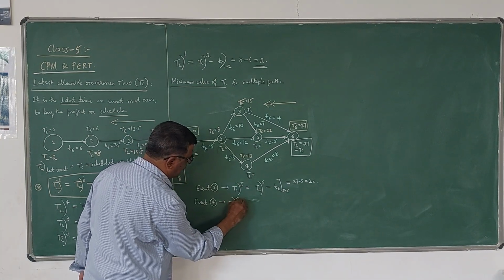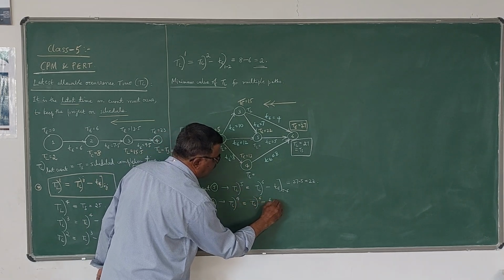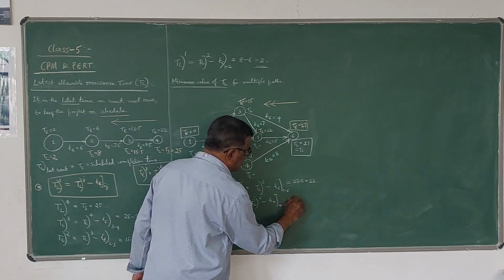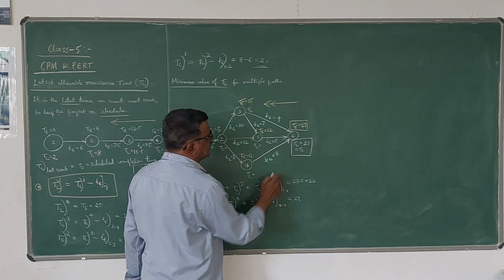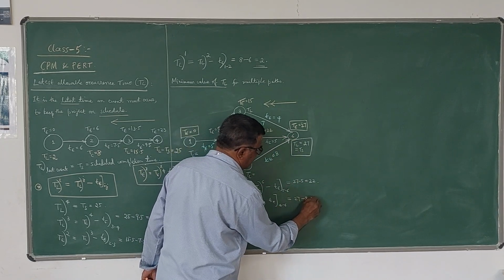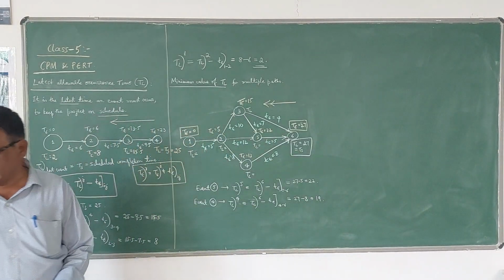TL4 is equal to TL6 minus t of 4, 6. Once again 27 is TL6. So TL6 is 27 minus t of 4, 6, which is 8. So this will be 19. We have to take 19.